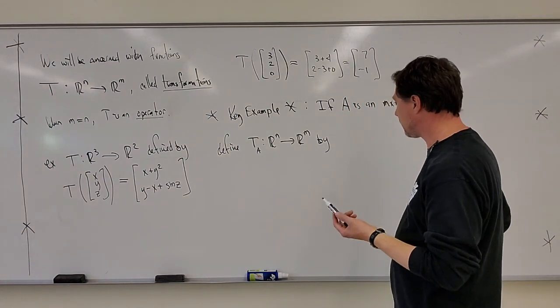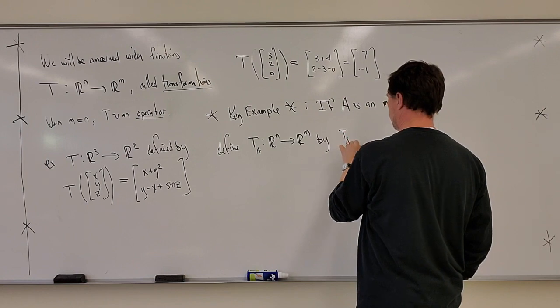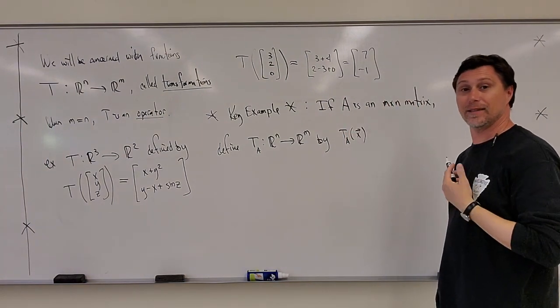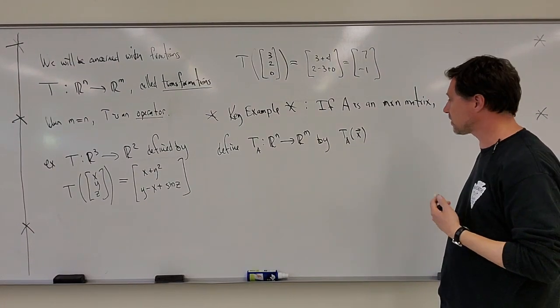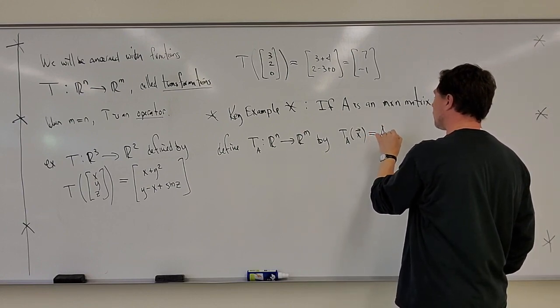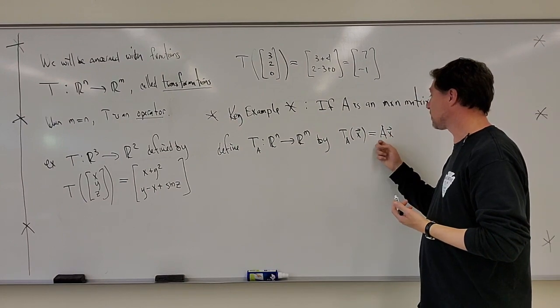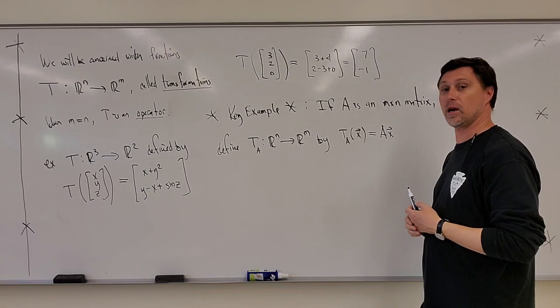And we're going to define this transformation by T sub A of the column vector little x. This will be a boldface x in your book. I'm writing a little arrow over it. So T sub A of x is equal to A times x, matrix multiplication, this m by n matrix times the column vector x.